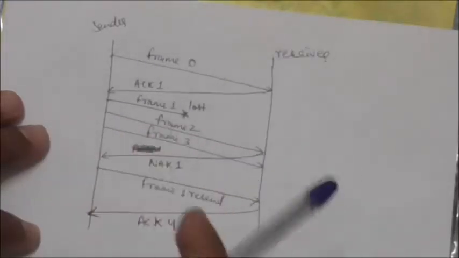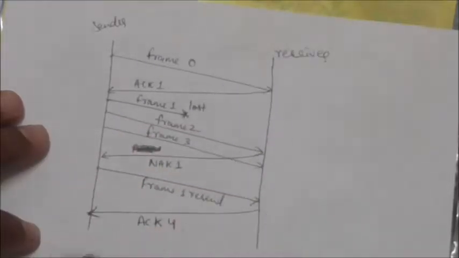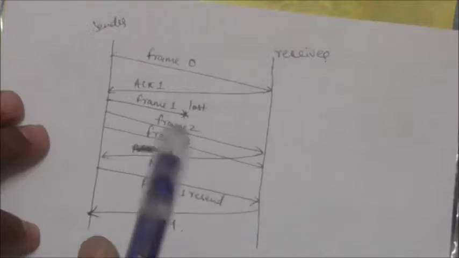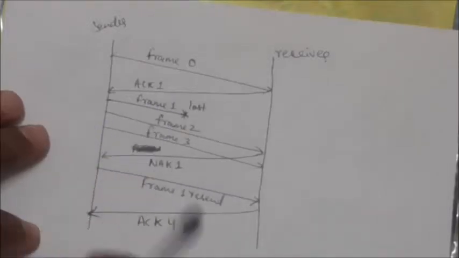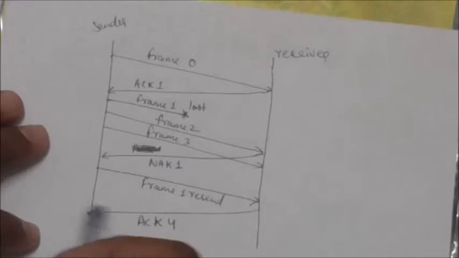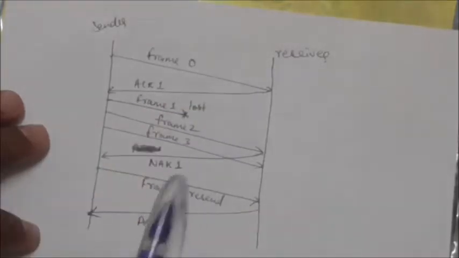There are two conditions for the delivery of frames to the network layer. The first condition is that a set of consecutive frames must have arrived. The second condition is that the set starts from the beginning of the window.